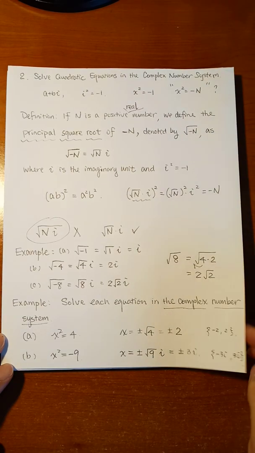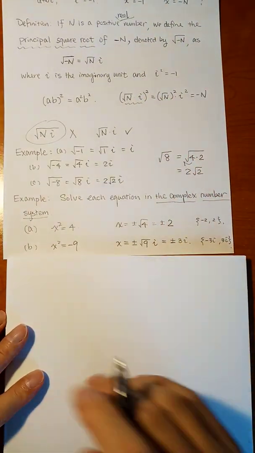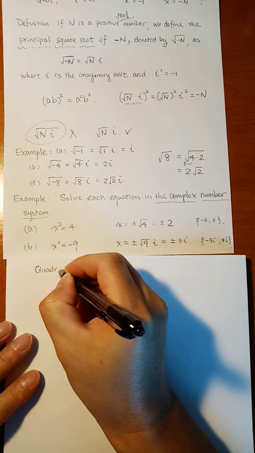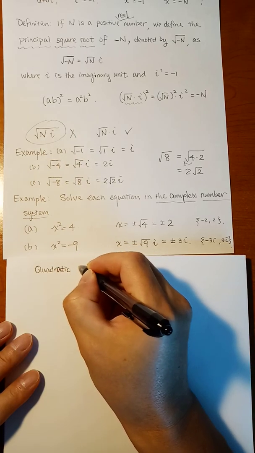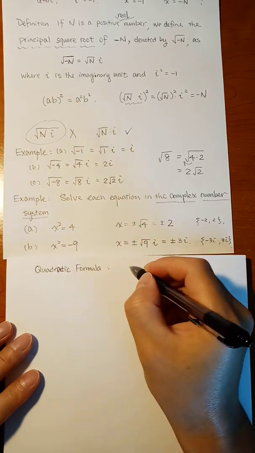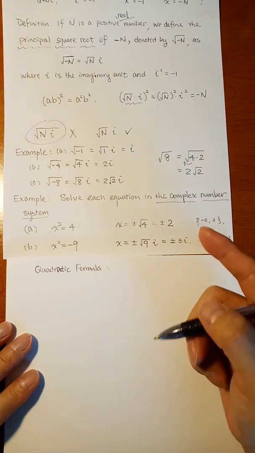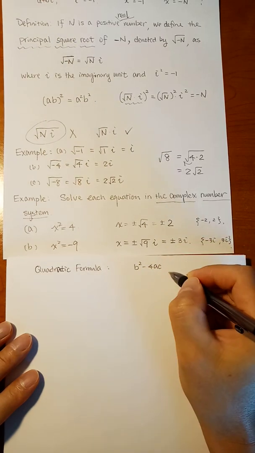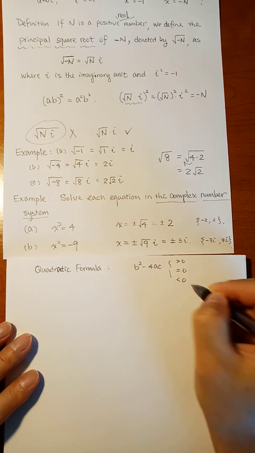Okay, remember, before this section we have the so-called quadratic formula. The quadratic formula has an important number, the discriminant b squared minus 4ac. And we have three cases: greater than 0, equal to 0, less than 0.